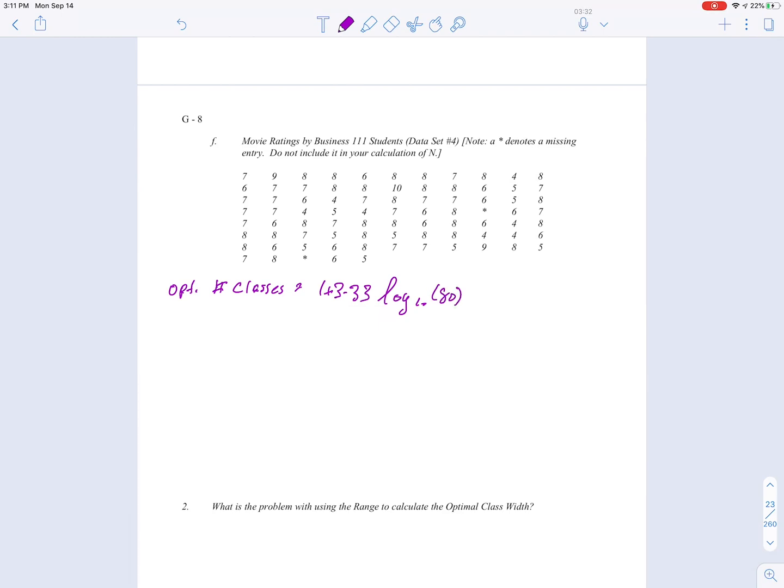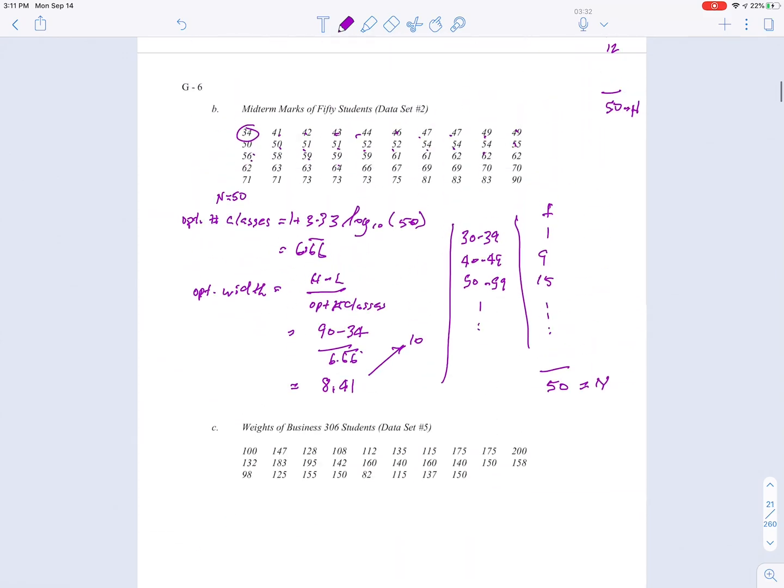By the way, the stars here represent blank values, or where people didn't actually answer the question. So in a data set, they'd either be shown as stars or it'd actually be blank there. All right, so there's 82 in total, including the stars, but those are 2 missing values, so it comes to 80. So let's go back here.